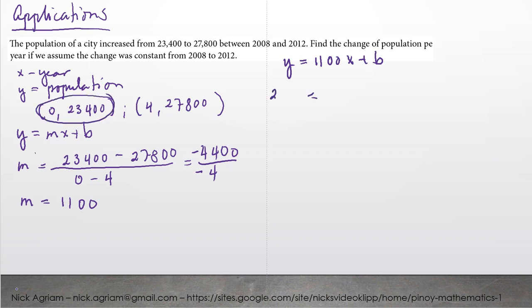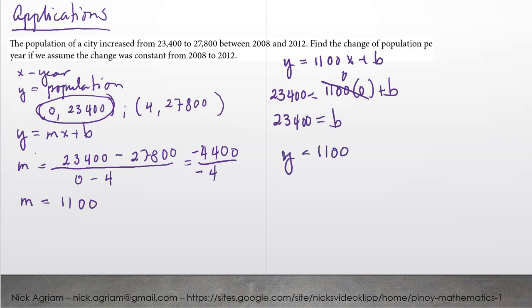So we have 23,400 is equal to 1100 times 0 plus B. So this is 0, and my B is 23,400. That means Y is equal to 1100x plus 23,400.